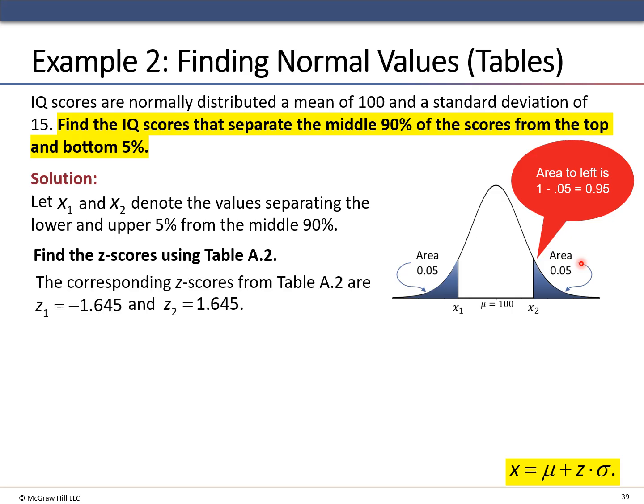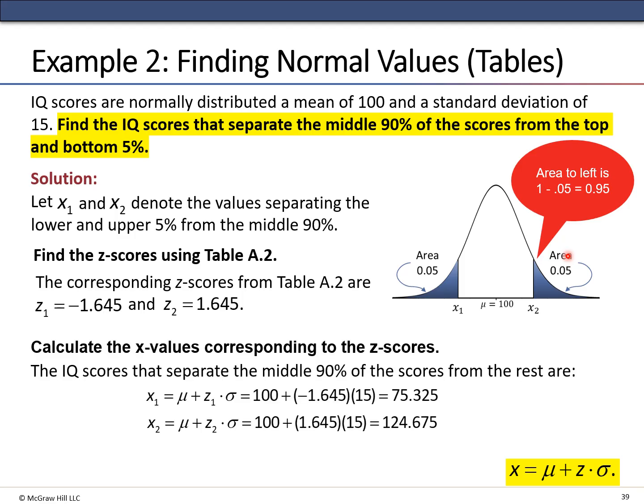That has a z-score of 1.645. When we look for the area in the table that's 0.05, we get a negative 1.645. And that's what we'd expect, because it's a symmetrical shape and we have symmetrical tails there. So we calculate the x values for each of those scores.